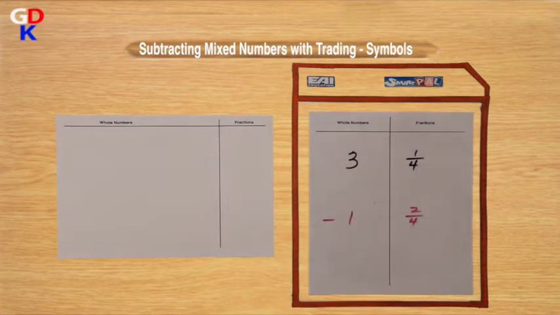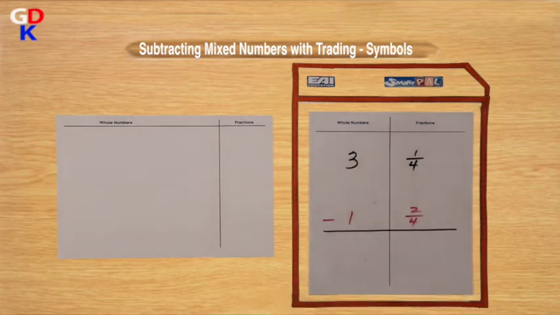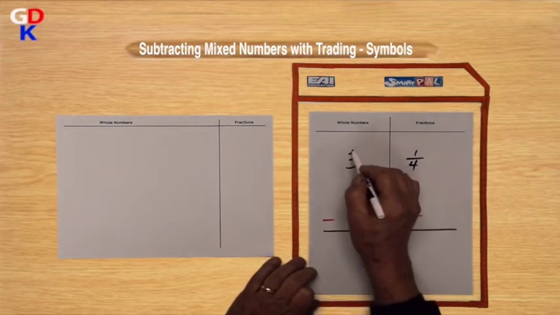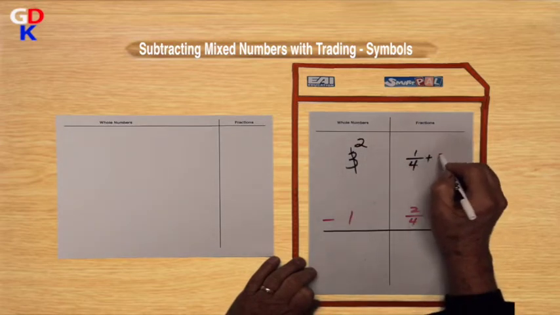It is not a quantity someplace else. So let's do the subtraction. The first thing I want to do is I want to subtract 2/4. But I can't because I only have 1/4. But what I can do is I can trade in one of my ones, which will leave me with 2 ones, and I can trade that 1 in for 4/4.